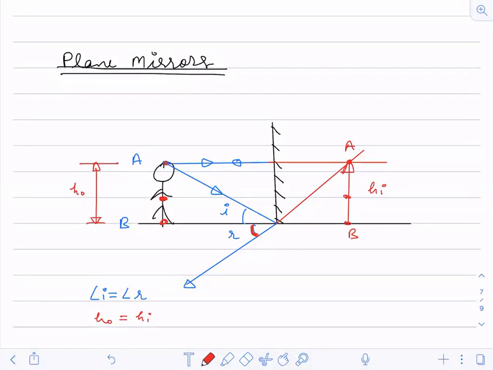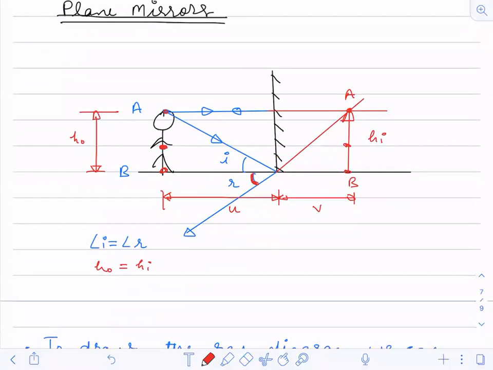Suppose I take this distance as U and this distance as V, where U is the distance of object from the mirror and V is the distance of image from the mirror. What can you say about U and V? Will they be equal?